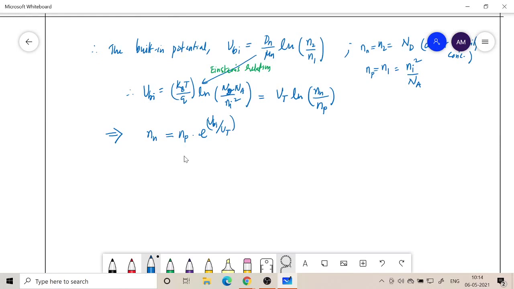Okay, VBI, I told you, is something around 0.7 or 0.6 for silicon material, and VT at room temperature is 26 millivolt. If you take that, you will get a very huge number, and when you multiply that with the minority carrier concentration on the p side, you will get the electron concentration on the n side.